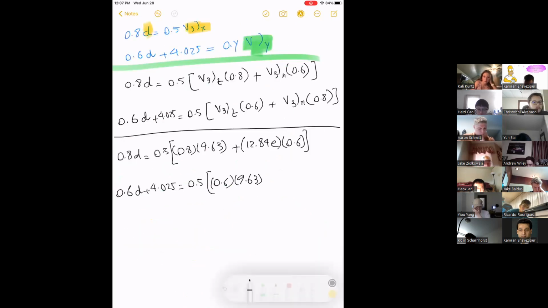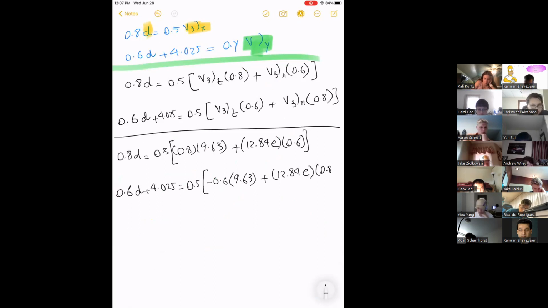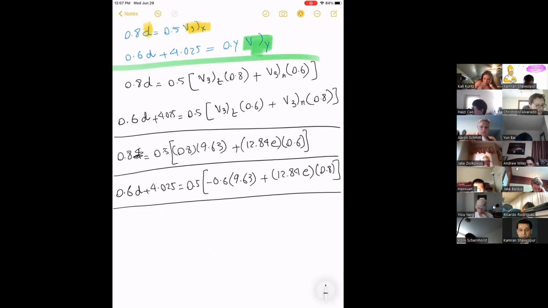So we're going to have to put negative here. Now, if you look at these two equations, the two unknowns are D and E, and you can solve it for D and E. I'm going to give you a minute to substitute the numbers and solve the values.